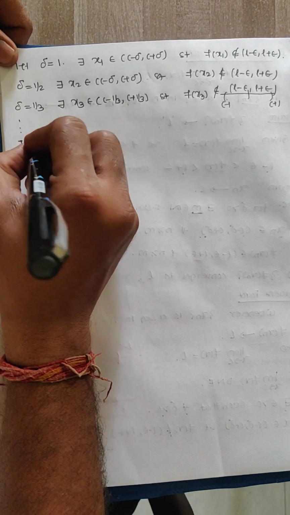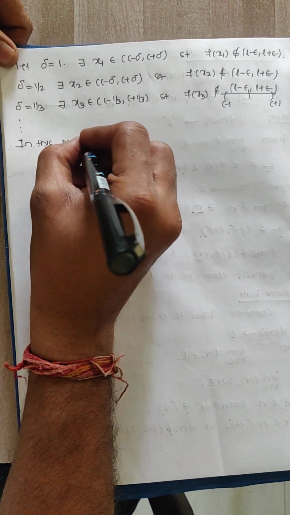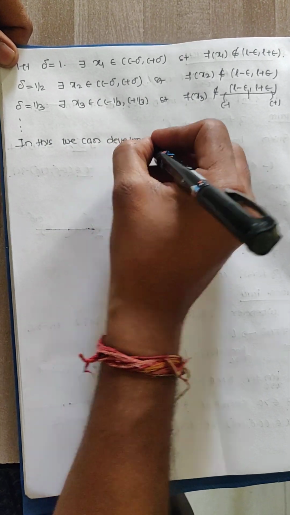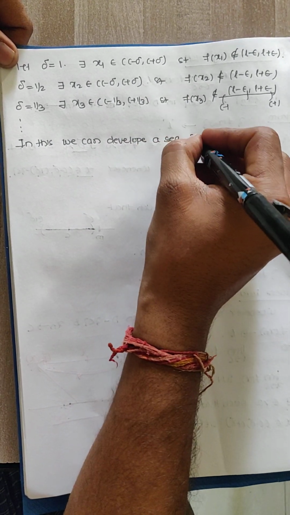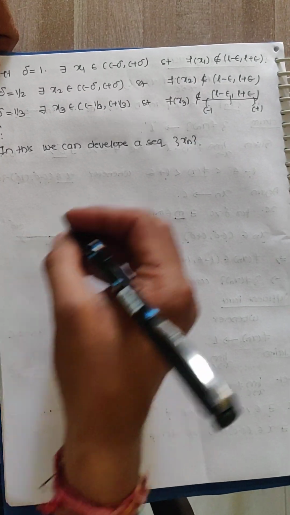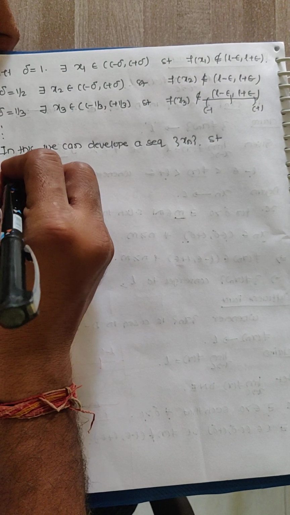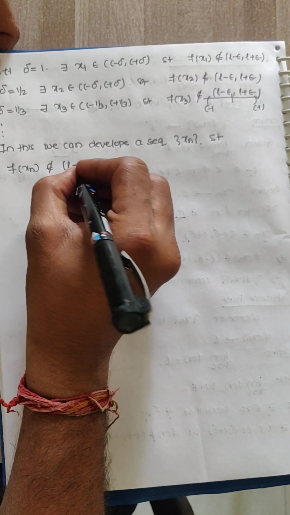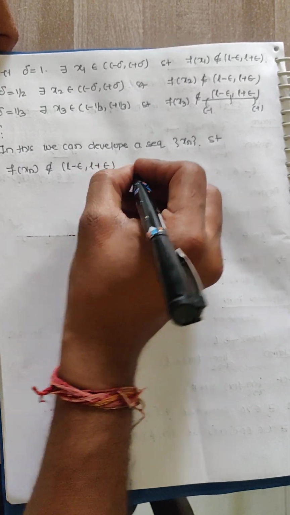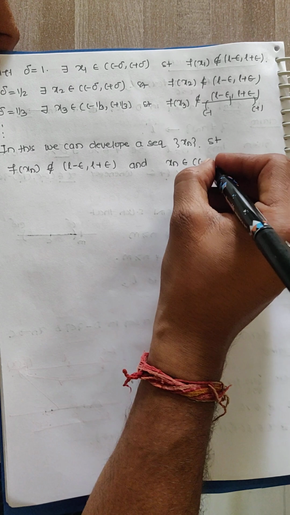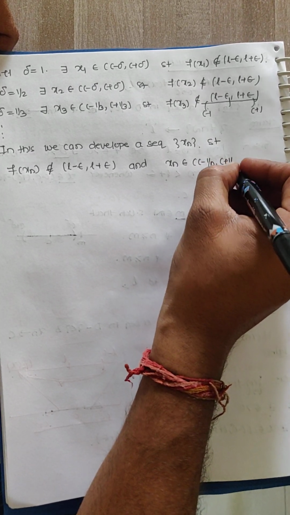In this way we can develop a sequence xn such that f of xn does not belong to L minus epsilon to L plus epsilon, and xn belongs to C minus 1 by n to C plus 1 by n.